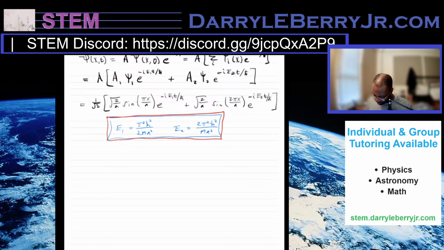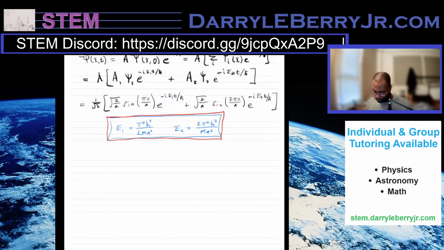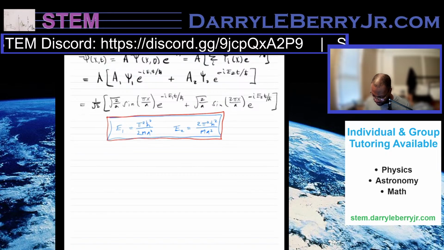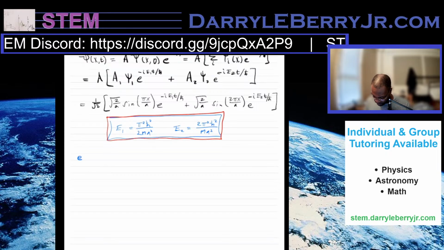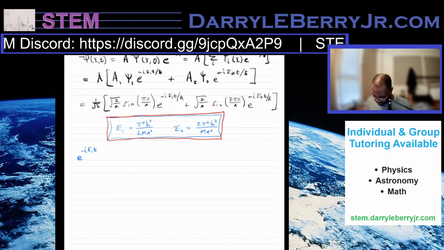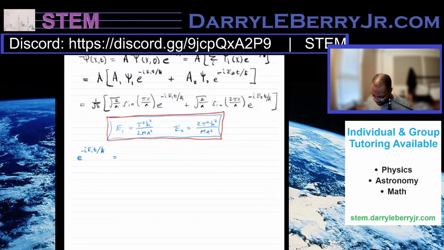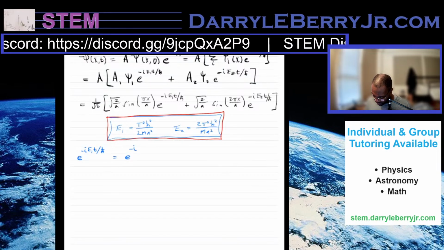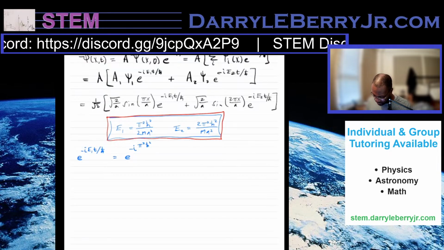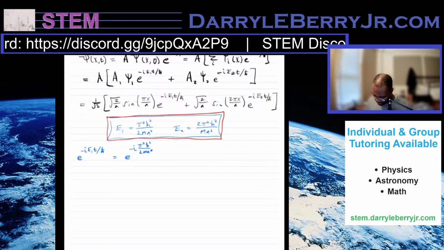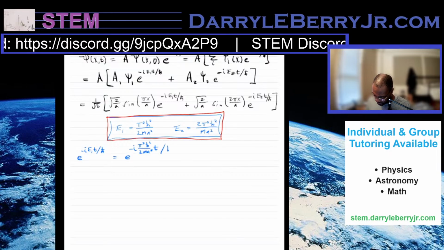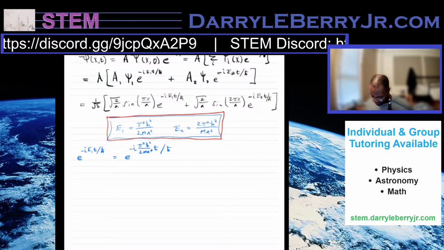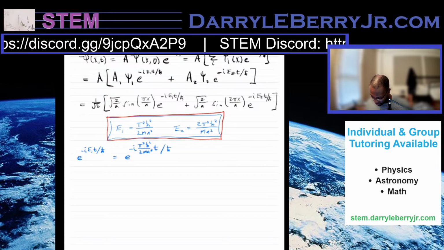So this would be e to the negative i E1 t over h bar equals e to the negative i squared h bar squared over 2m a squared t over h bar. And they're going to let omega, naturally let me cancel some stuff first.